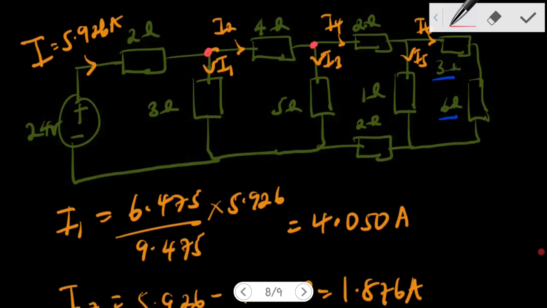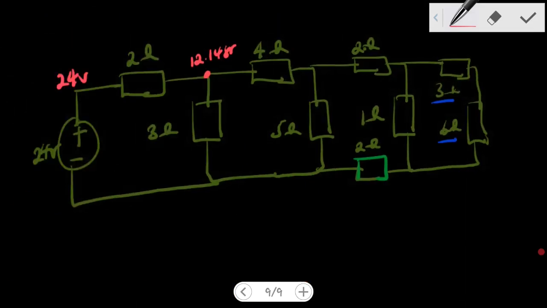Now, remember the potential at this point was 12.148, right? So we subtract this 7.504 from 12.148. So the potential at this point will be 4.644 volts, right?